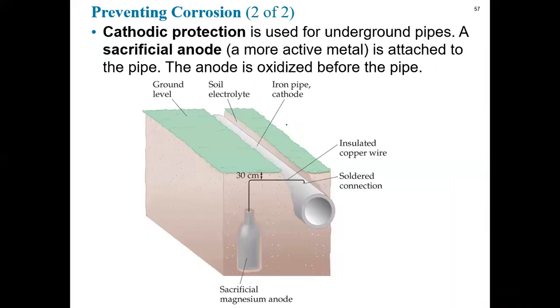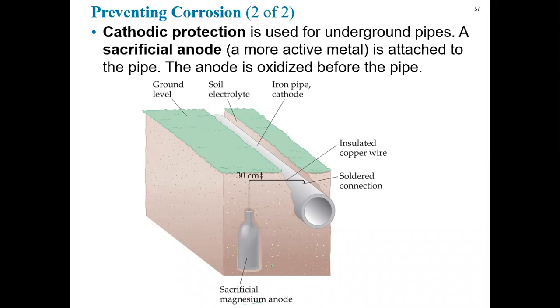Another example is an underground iron pipe. How do you protect that from rusting? You can paint it, or you can use wires connecting it to a sacrificial metal, for example magnesium.